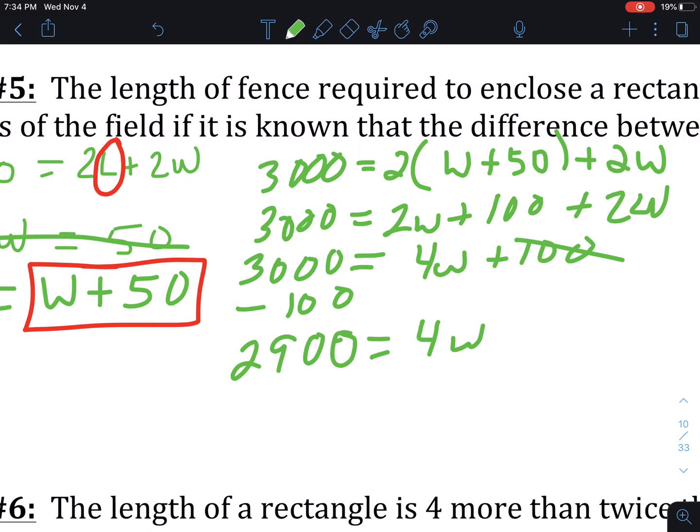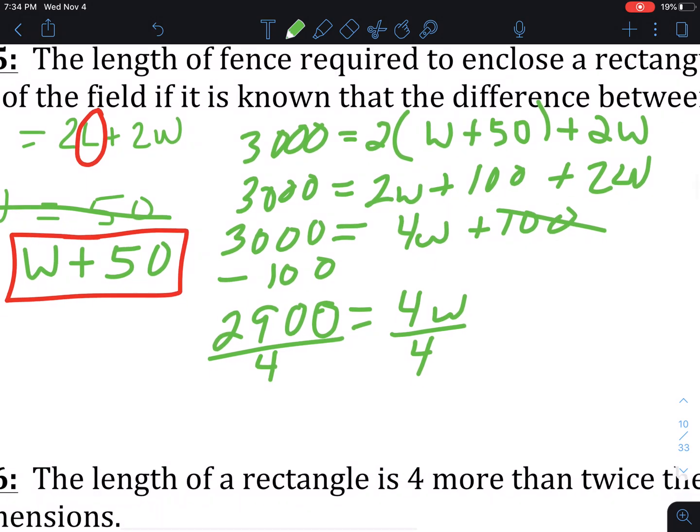And we have, divide by 4. And that will be 2,900 divided by 4, which is 725. So that's the width.